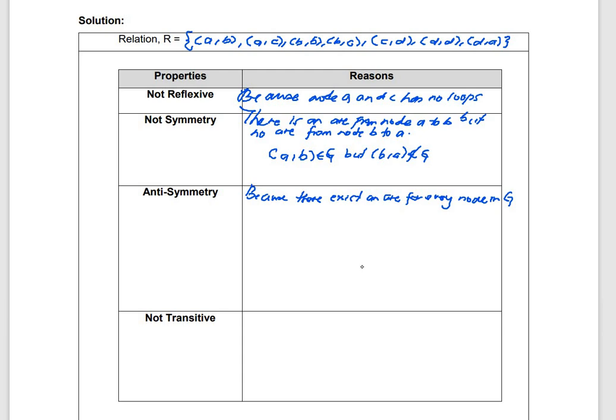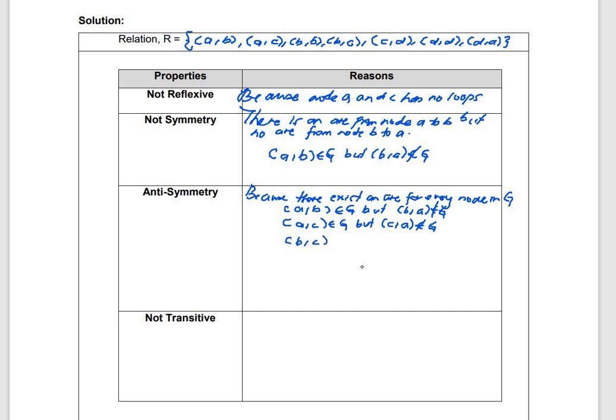Contoh kita kena tulis semualah. Contoh A, B in G, but B, A not in G. Lagi satu A, C in G, but C, A not in G. Dia fulfill definition untuk anti-symmetry.